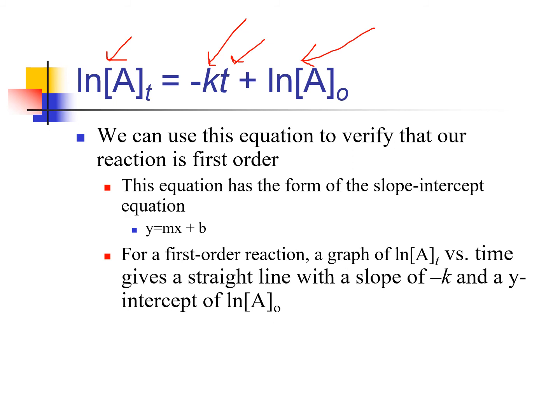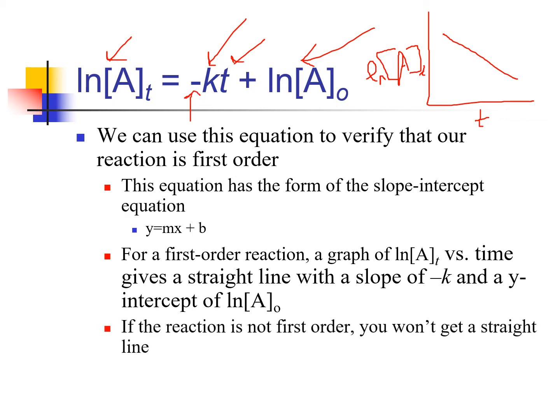If we graph the natural log of the concentration on the y-axis and time on the x-axis, and it's first order, we get a straight line. Notice that we should expect a negative slope because of that negative right there. If it's not first order, it won't be a straight line. It's as simple as that.